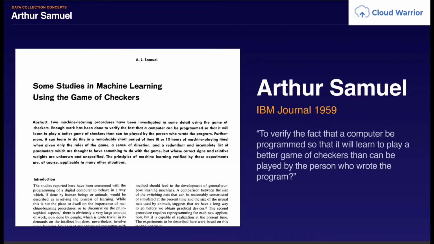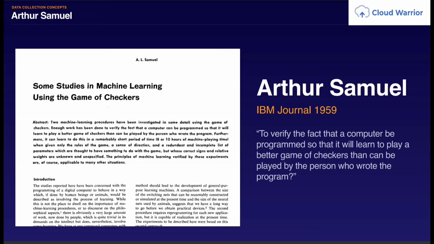Now, in this paper and through his studies, he wanted to find out if a computer could be programmed so that it would learn to play a better game of checkers than could be played by the person who wrote the program. Now, this may not be the very first time that machine learning or artificial intelligence was seen in our history, but his studies led to the creation of a program that was among the world's first successful self-learning programs, and it demonstrated the fundamental concepts of machine learning.